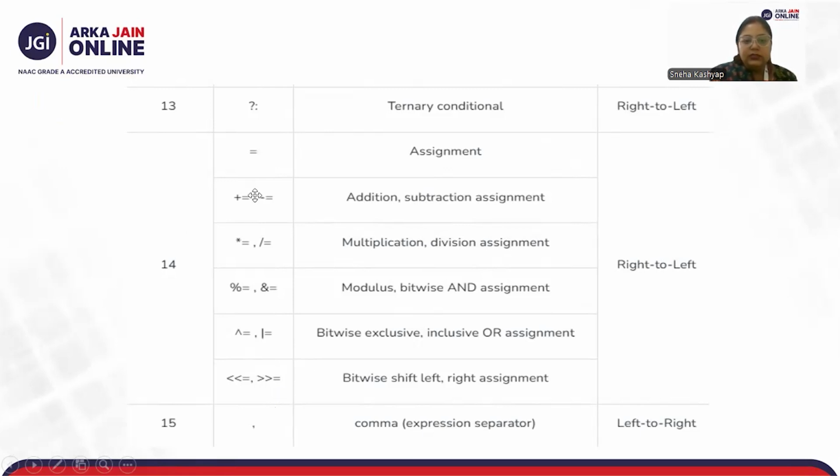So all these share the precedence value 40 and they have an associativity from right to left. Here the last one is comma, which is also known as expression separator. So any comma used in a simplification expression will have a precedence value 15 and it will always operate from left to right.